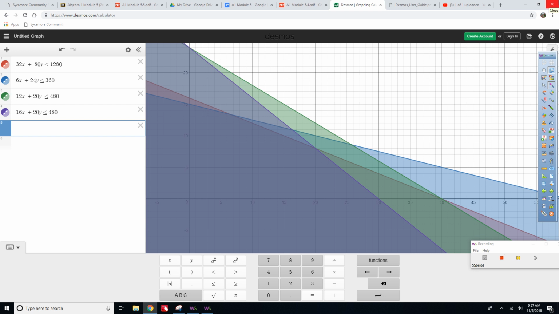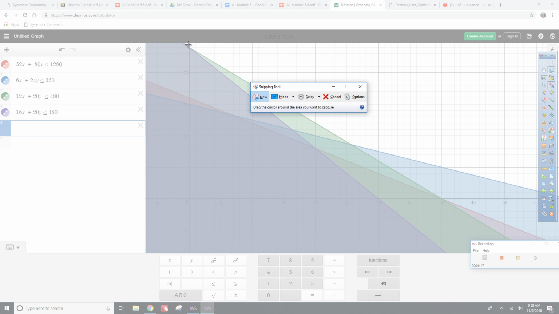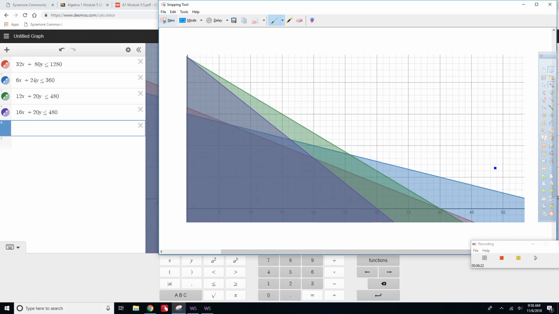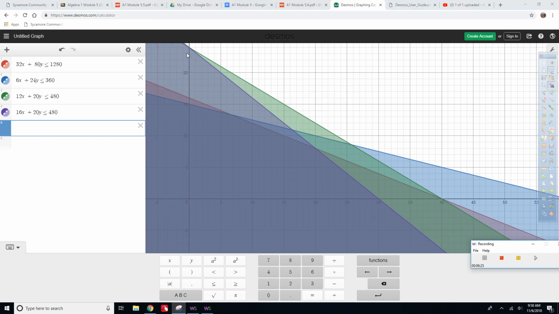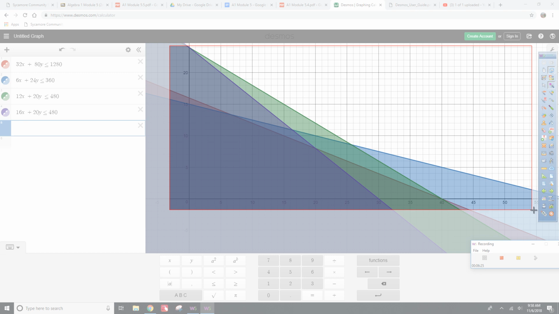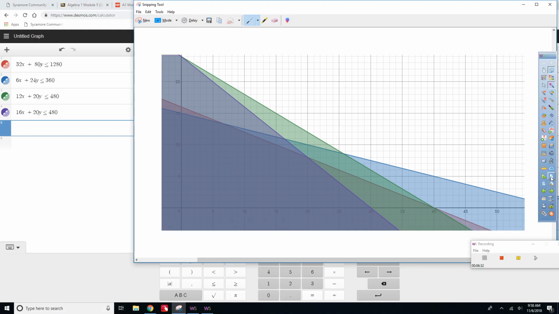They're all shaded. Let's grab these, move them over to our document. So I'm going to grab from here all the way over to here. That's good enough.